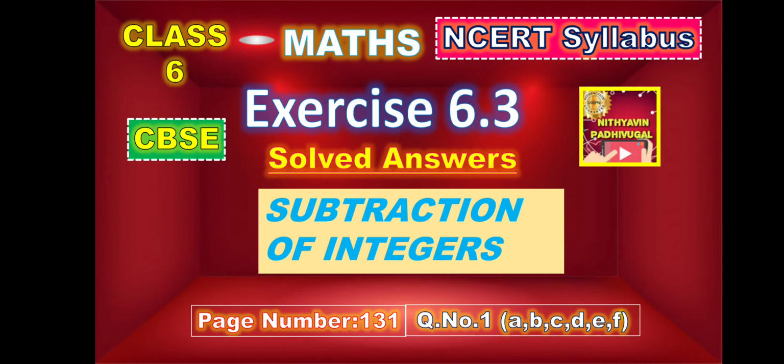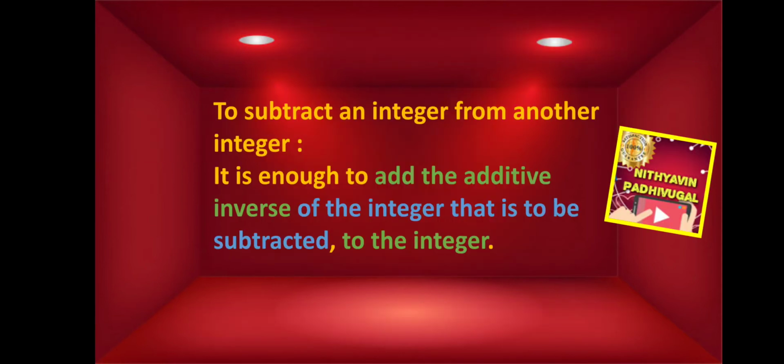Subtraction of integers is going to be introduced here. Already in the previous exercise itself, we have introduced the concept of subtraction of integers. Now, let us recall how to subtract integers. To subtract an integer from another integer, it is enough to add the additive inverse.